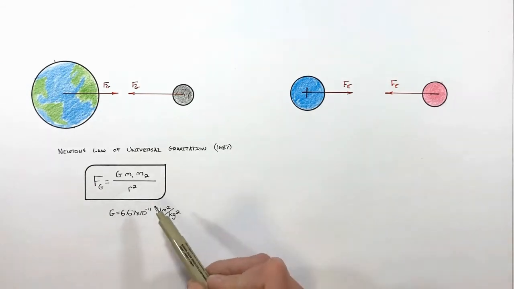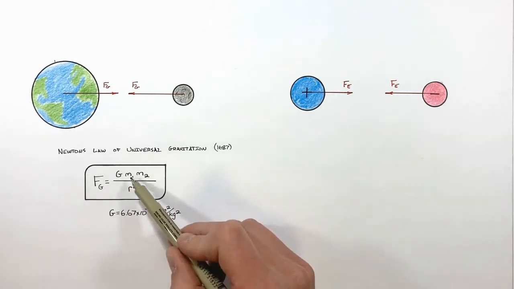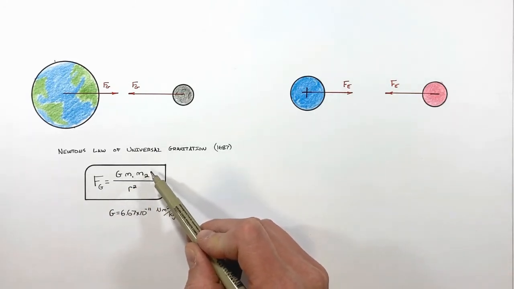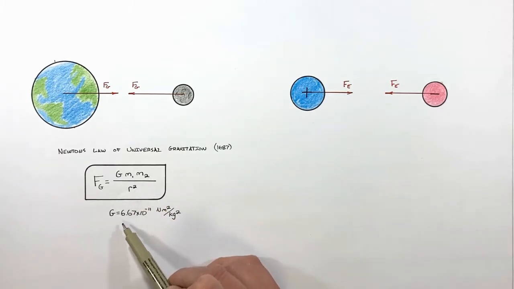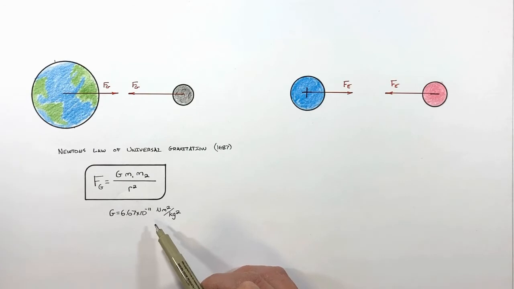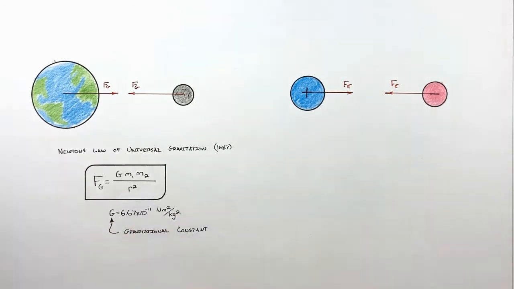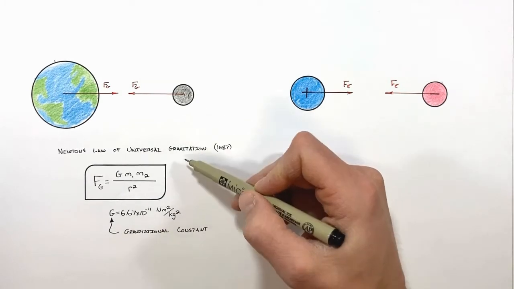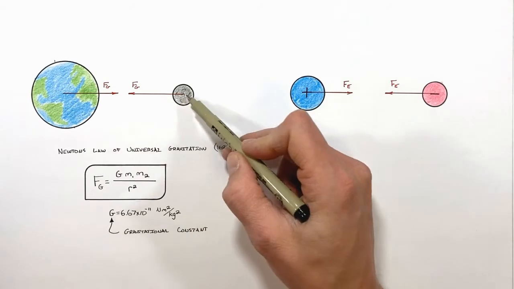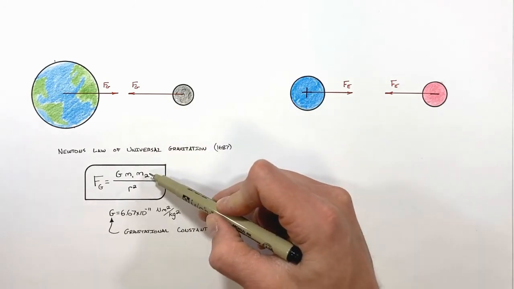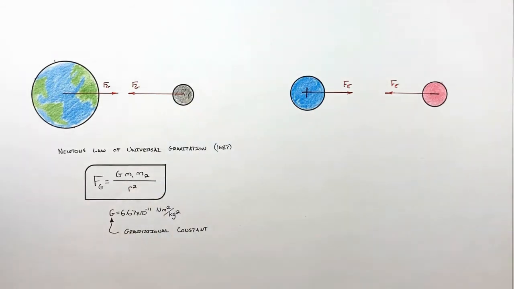And that law says that the force by gravity between two objects is given by the gravitational constant multiplied by the product of the two masses over the distance between them squared, where the gravitational constant is this value, 6.67 times 10 to the minus 11th. So in looking at this equation, we see that the force by gravity increases as either the two masses increase in value or the distance between the two masses decreases.